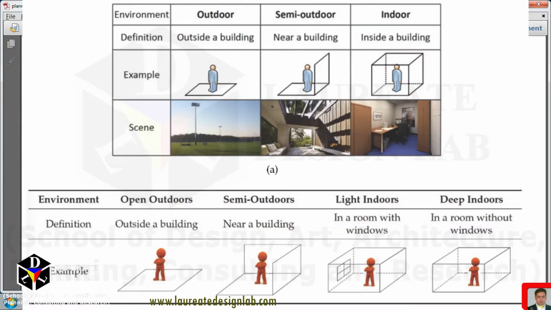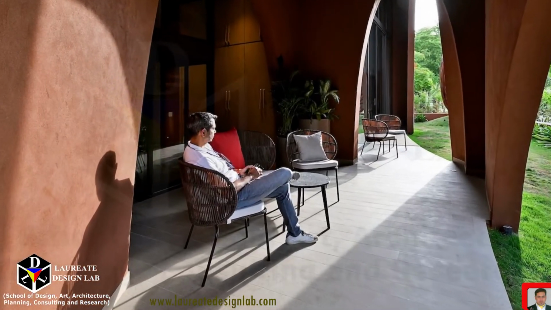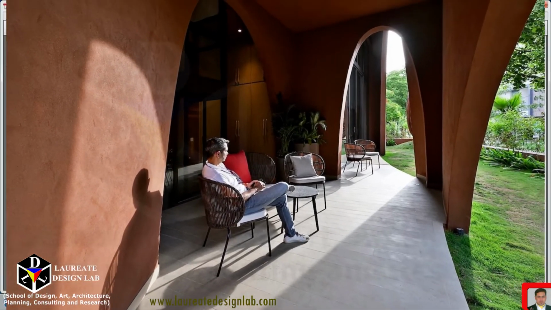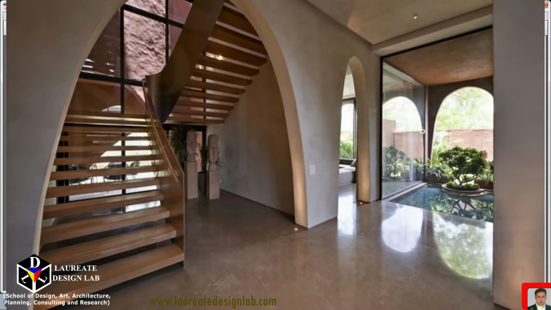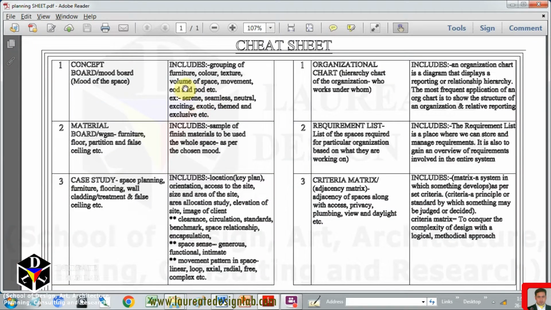Volume of the space. So volume of space means it's L into B into H, length, width, height factor. If you consider them one of the most important tool for the design, then you can consider that into concept board.